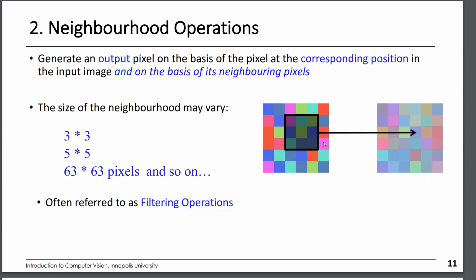What we are trying to do is, based on what's surrounding the pixel in the original image, we create the new pixel at the output. The size of the neighborhood we are looking at can vary a lot. For example, here you have 3 by 3, 5 by 5, or 63 by 63.